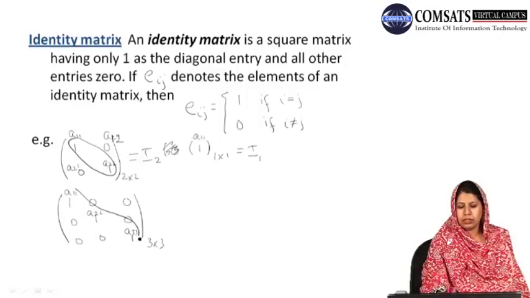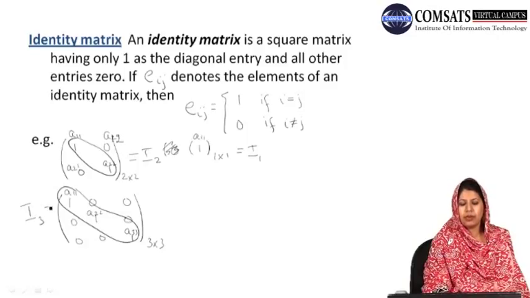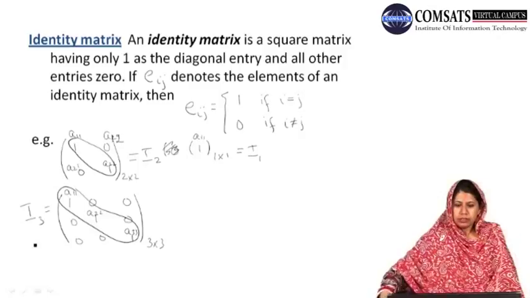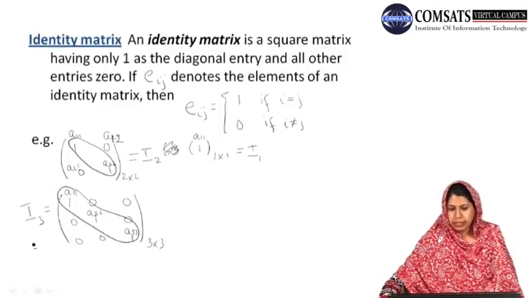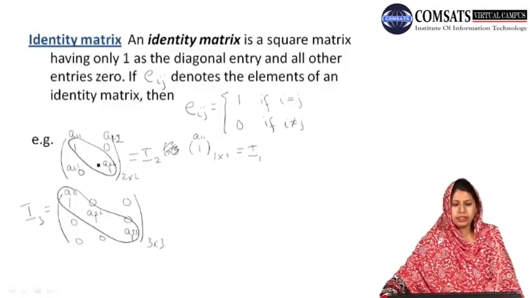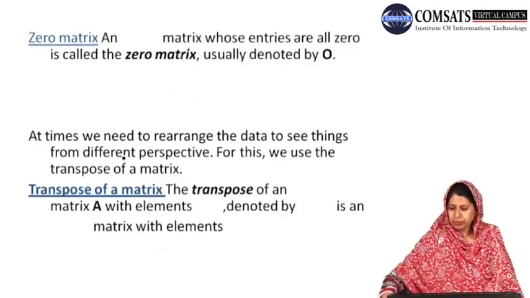So the diagonal entries are 1 and all other entries are 0. So this is an identity matrix of order 3 by 3. So an identity matrix should first be a square matrix, and if we have the diagonal entries as 1 and all other entries as 0, then the matrix is the identity matrix.